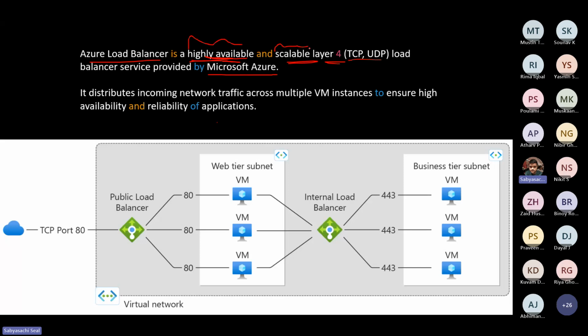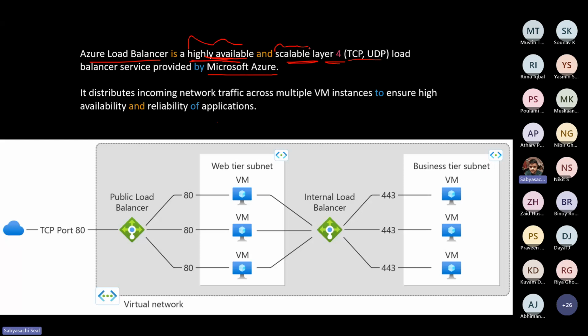So imagine if a lot of people start requesting the load balancer itself. It is distributing traffic, but it is also doing some sort of computation inside, to say that this traffic goes to that machine, this traffic goes to this machine. If the number of users is so high that the load balancer also starts to slow down, that's where Azure Load Balancer comes in.